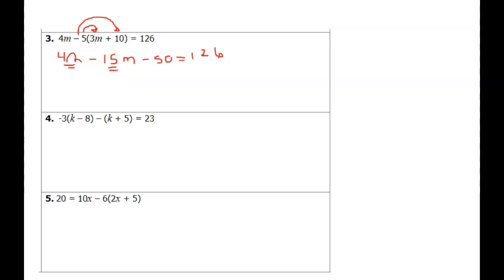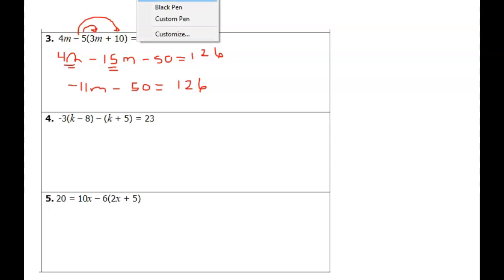So I can combine them together because they're both m's, right? Well, 4m minus 15m, or 4 minus 15, is going to be negative 11m minus 50. That's equal to 126.